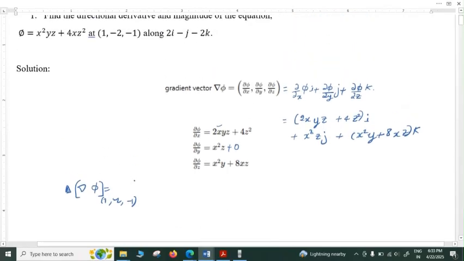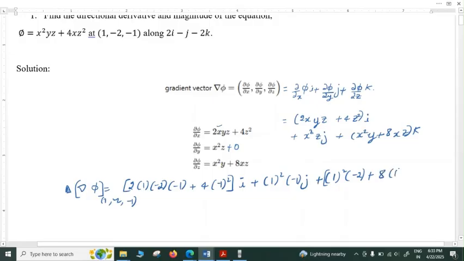Therefore we get here 2, x is 1, y is minus 2, z is minus 1, plus 4, z is minus 1 square. So this is your i component, plus we'll continue: x is 1, z is minus 1, j, plus x is 1 square, y is minus 2, plus 8, x is 1, z is minus 1, k. So when you simplify this, you will get 8i minus j minus 10k.